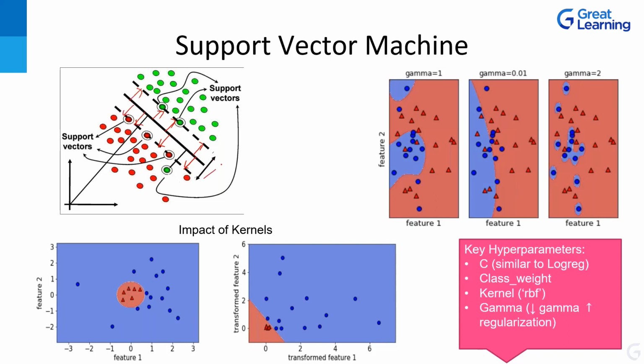The goal is for SVM to maximize this distance, and it does it based on the points which are on the boundary. These points which are on the edges of the boundaries are called support vectors, and hence the name support vector machine model. Now, this is the standard part of support vectors, which is not that interesting.